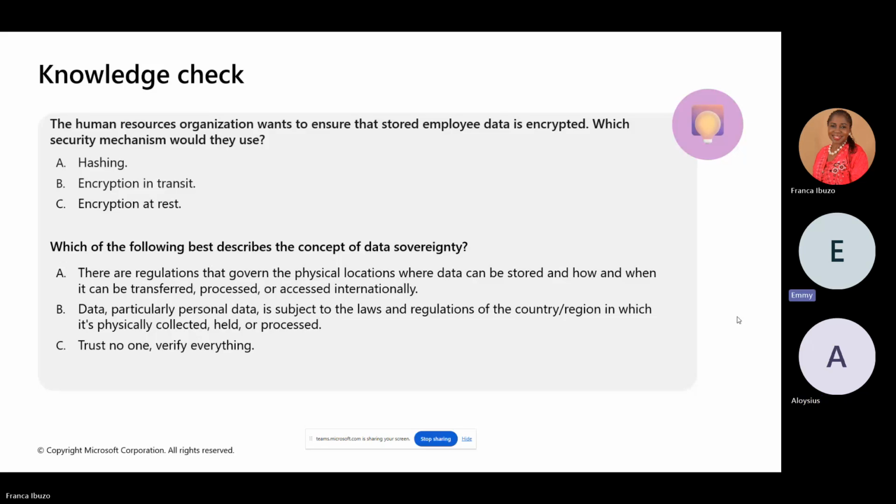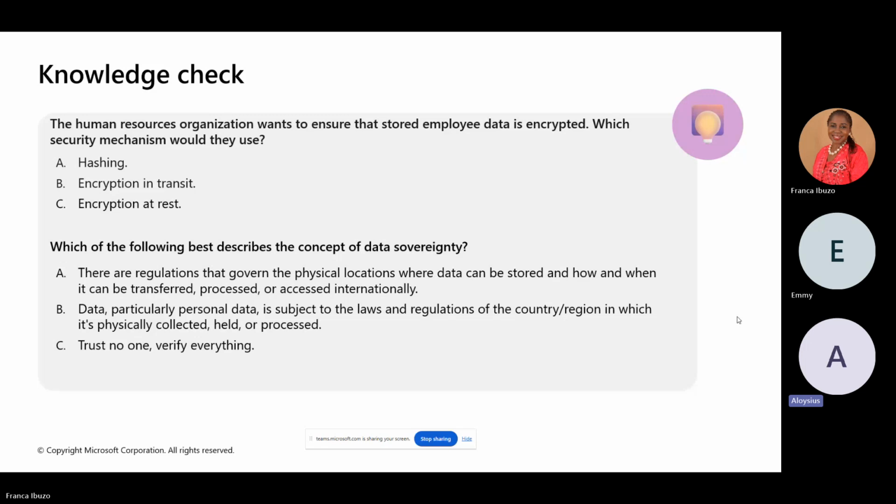I think either of them can be right. I choose A because it talks about rules and regulations governed by a particular region or country. Though they did not mention country or region, they say regulation that governs a physical location, and that physical location refers to a country or region.